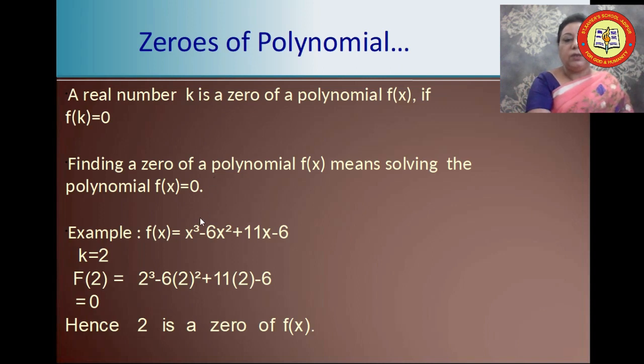On simplifying this, you get 0. So we say that 2 is the zero of the polynomial. If you don't get 0, then that is not the zero of the polynomial.